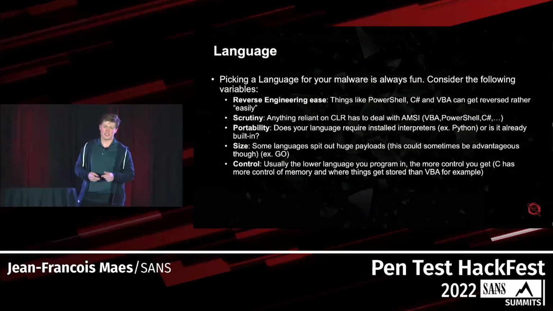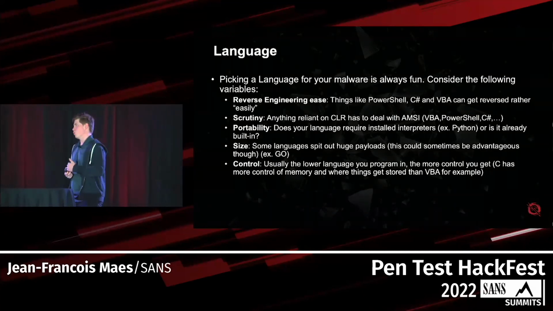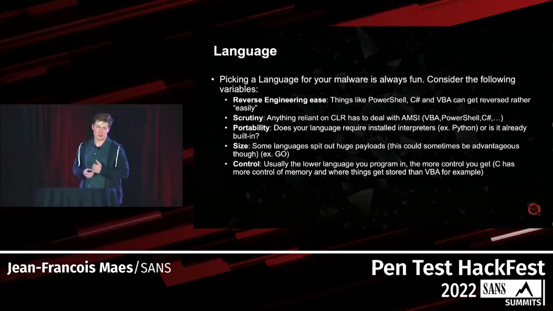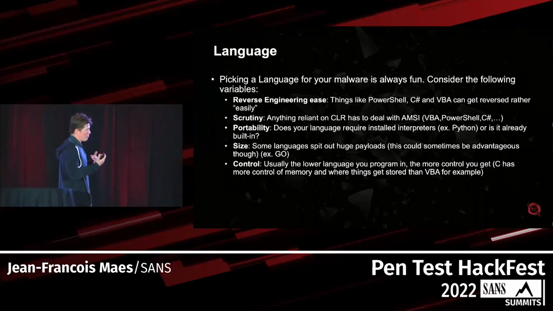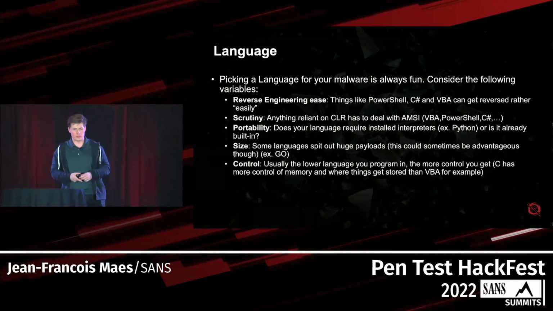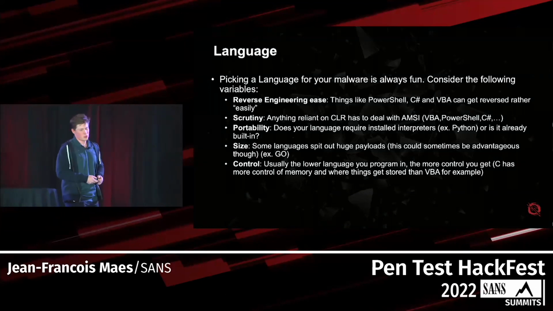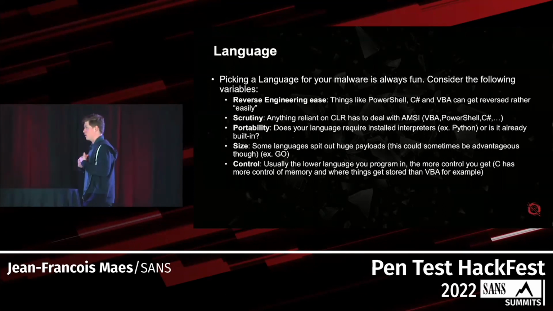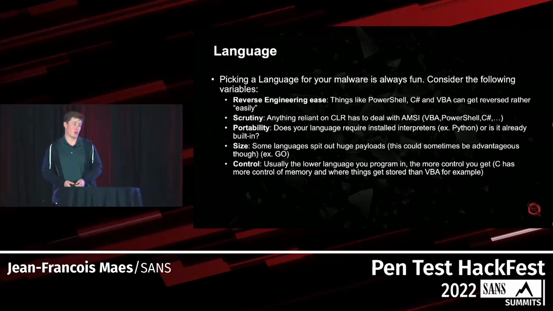And then size, some languages will bloat your payloads. For example, Golang. I love Go because it has kind of evasion out of the box in the sense that it's not easy to reverse engineer, but it's going to increase your payload by quite a bit. And then, of course, the final part, which for me as a developer now for Cobalt Strike, but as a red teamer as well, is one of the most important, and that is control.